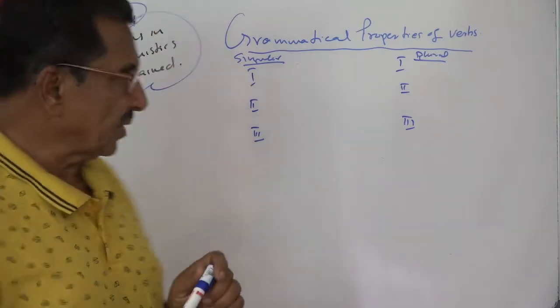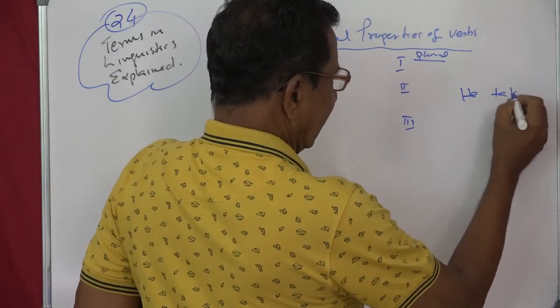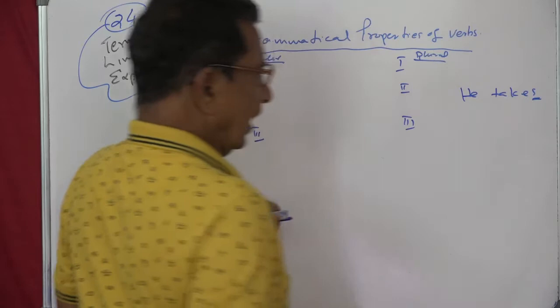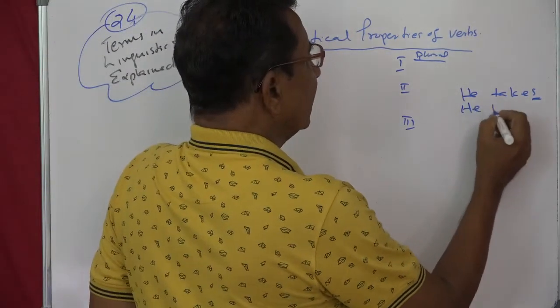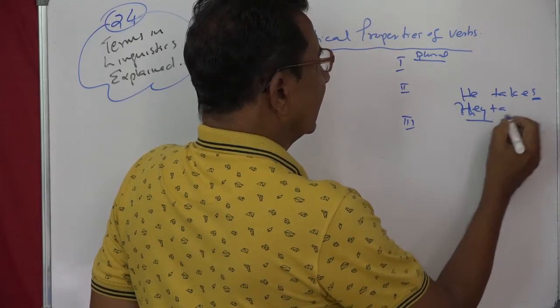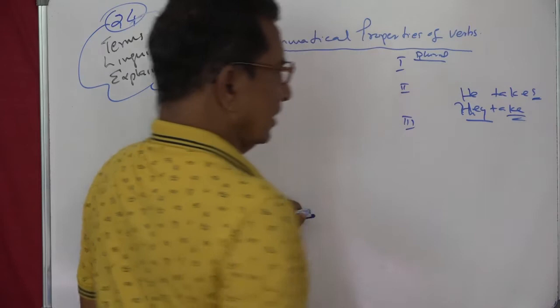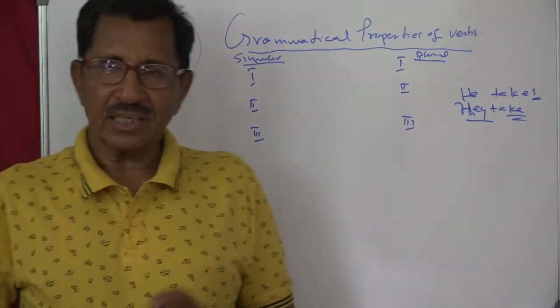For example, he takes. Singular. Singular verbs have an S at the end. Otherwise, plural verbs, they take. There is no S. So in simple present, it is very clear.